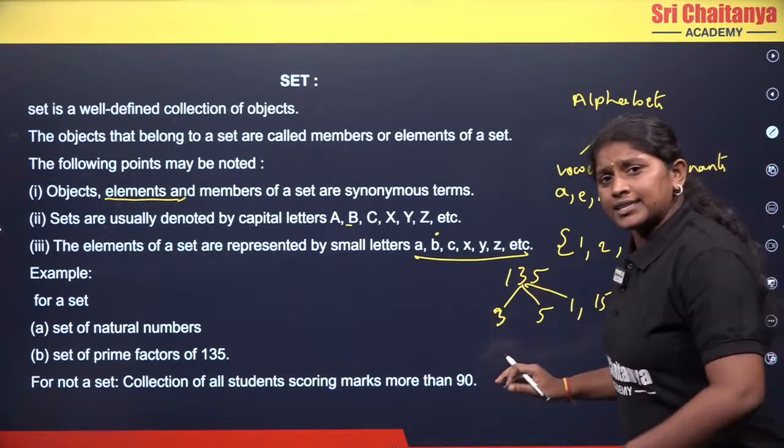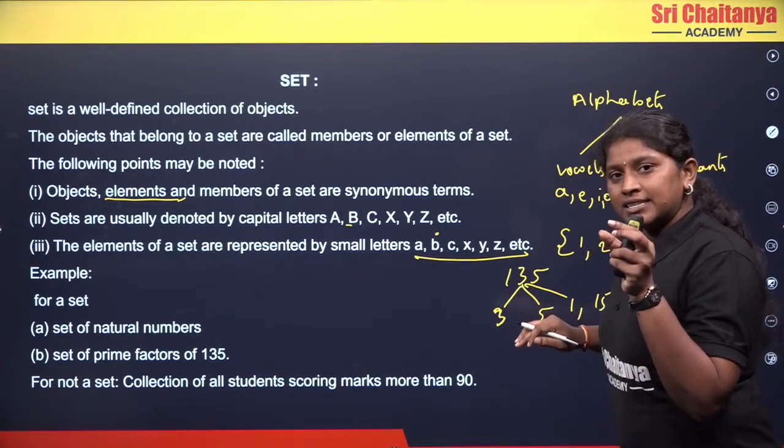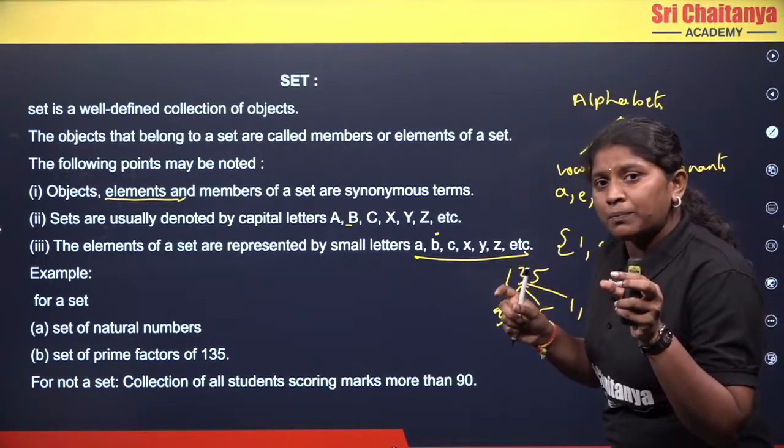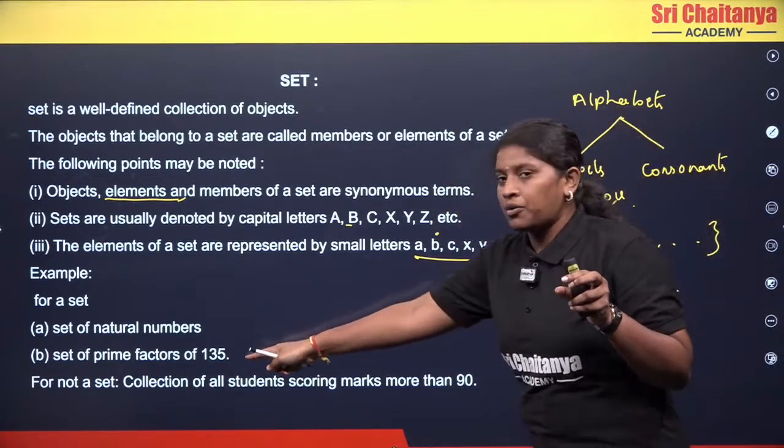If you take a collection of all these prime factors and place them as a set, the common property is that they are all prime factors of one number, which is 135.